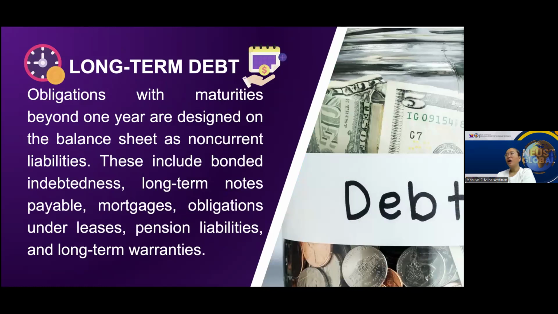For example, a manufacturing company has bonded indebtedness, meaning $50,000 in bonds due in 5 years, a mortgage of a $100,000 loan due in 10 years, and pension liabilities like $20,000 owed to employees for future retirement benefits. These long-term debts are recorded on the balance sheet as non-current liabilities.